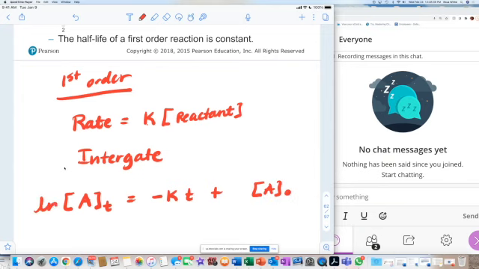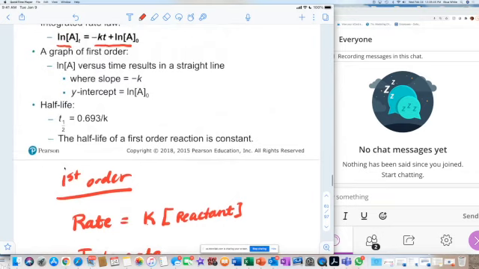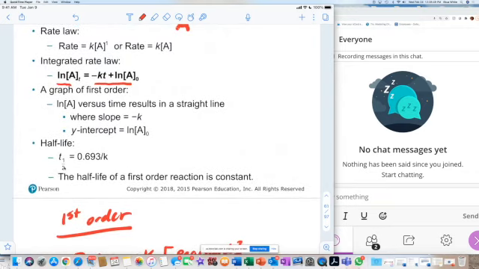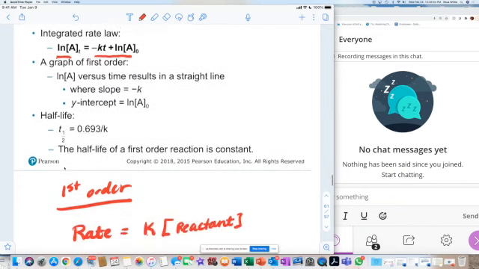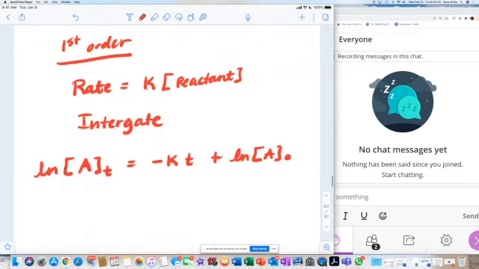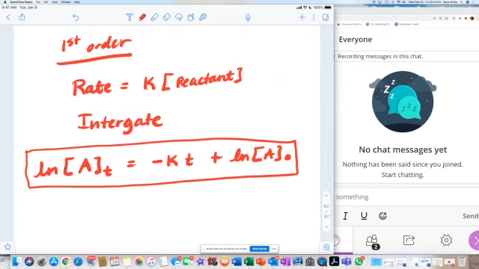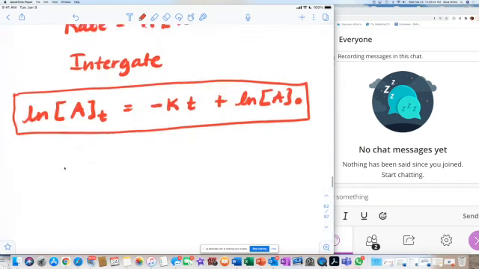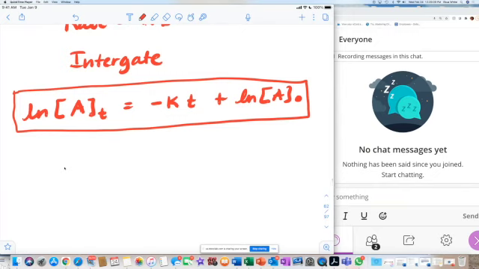When you put in the log natural here and the log natural here, ta-da, you get the first order. So this is the first order in linear form. But this time, the difference is you have log naturals of the amount of the A, the reactant left over, right? Okay. So like I said before, you want to know this equation. This is the integrated rate law. We know the purpose of it. This goes with first order only. Doesn't work for the other ones. Okay? Now you want to know this in the point slope form.